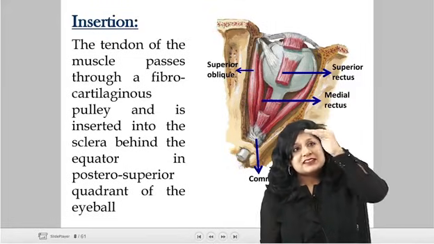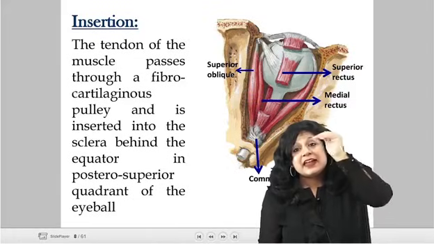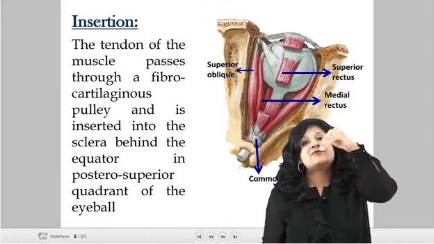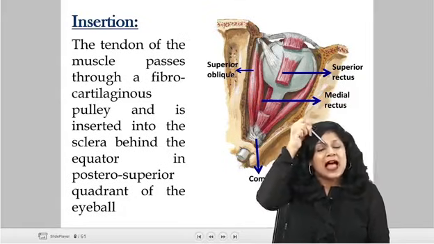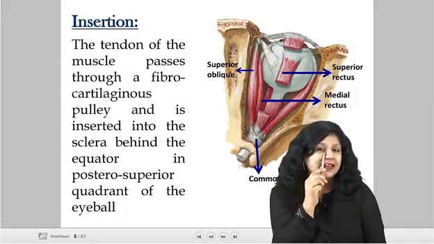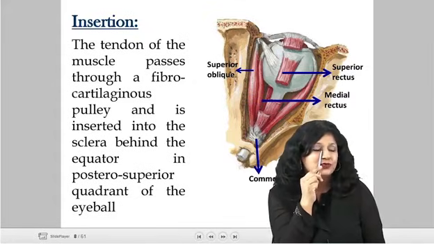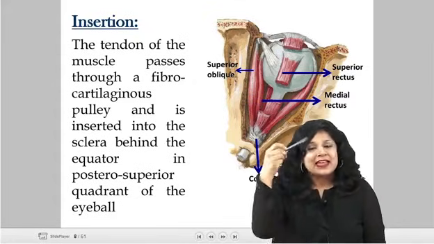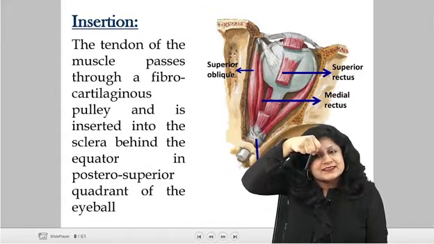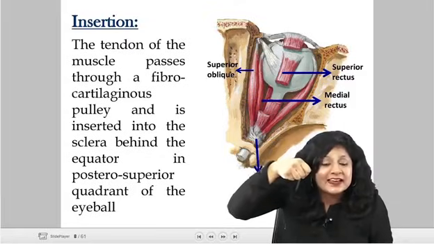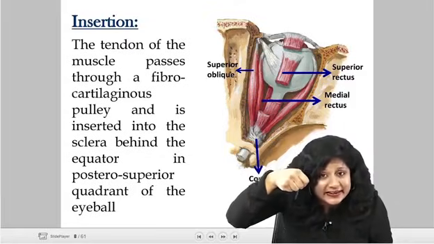When it passes through the pulley, it is tailor-made for the rotatory movements of the eye. So basically it comes from behind, and then here we have the trochlea through which it has to pass, and it hooks around here, and then goes and inserts again over the sclera.